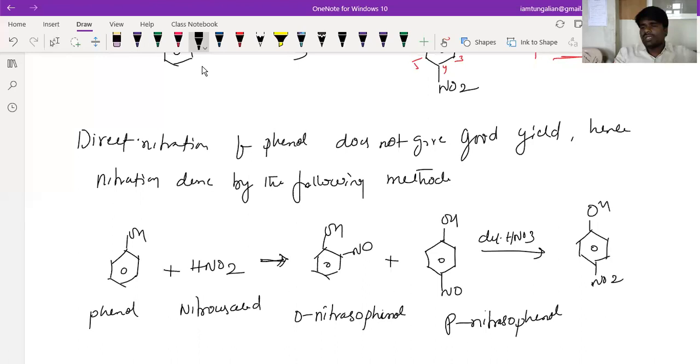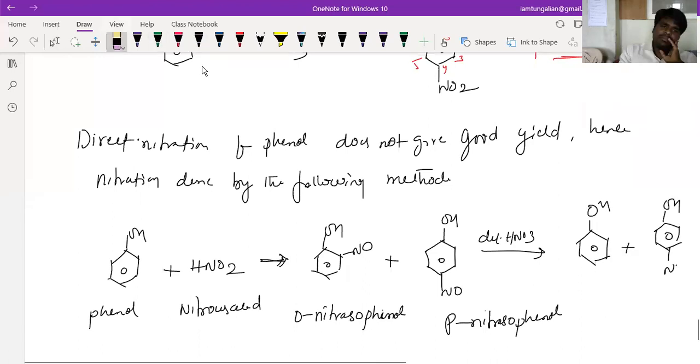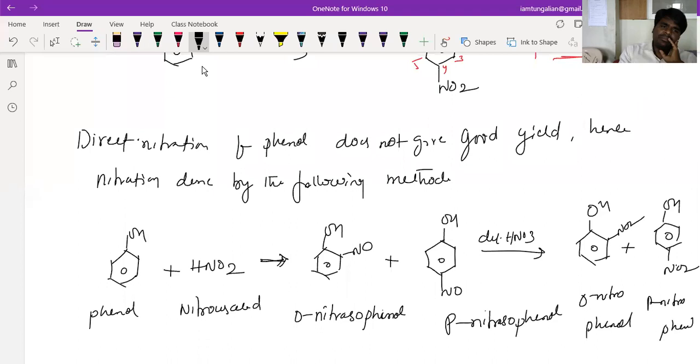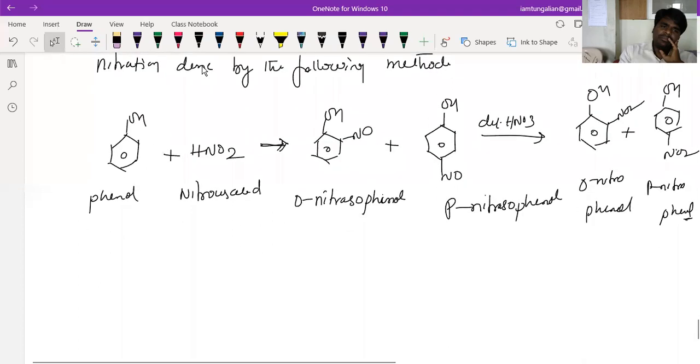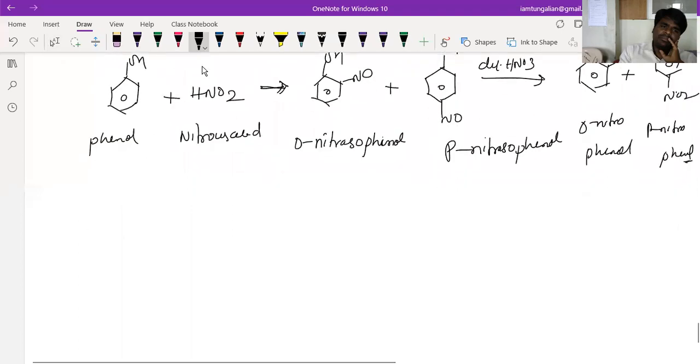This is your para, and this is your ortho. This is orthonitrophenol. Are you getting this?